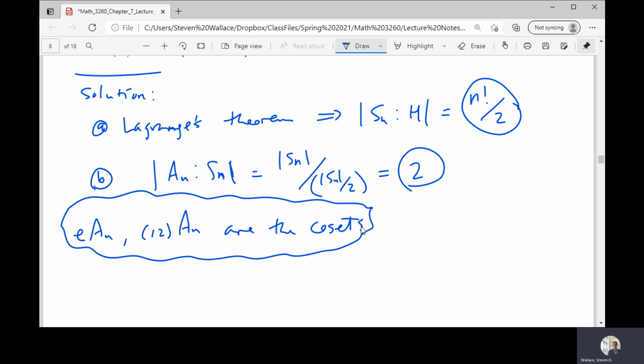Everything in here is an even permutation, so an even permutation times an even permutation is still even. Here, this is a transposition times an even permutation, so odd times even is going to be odd. Okay, so those are the cosets.